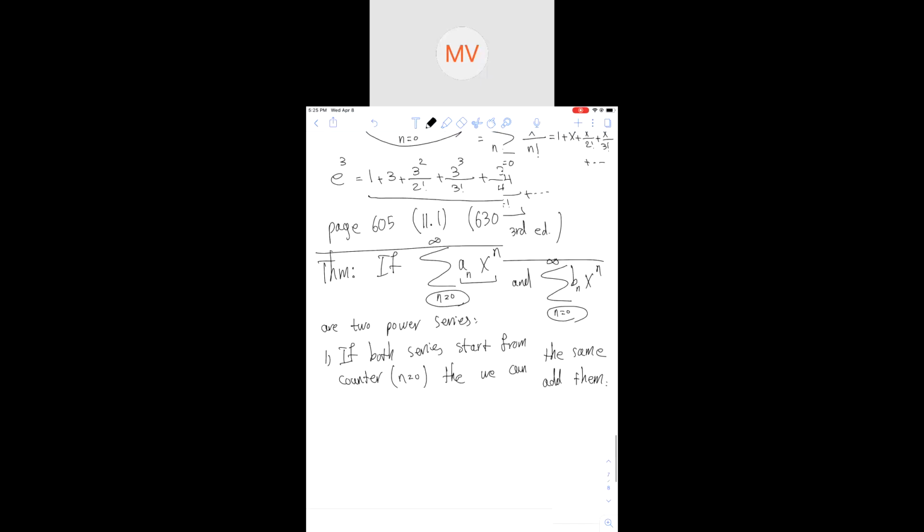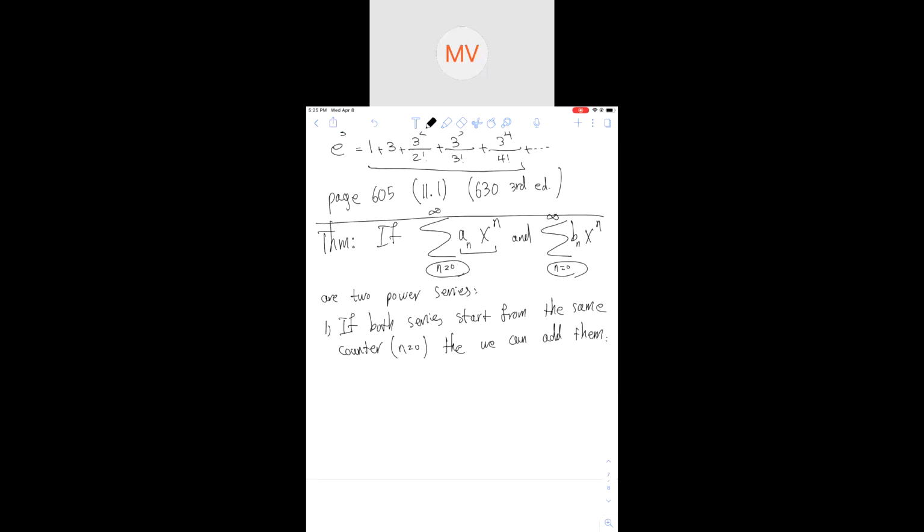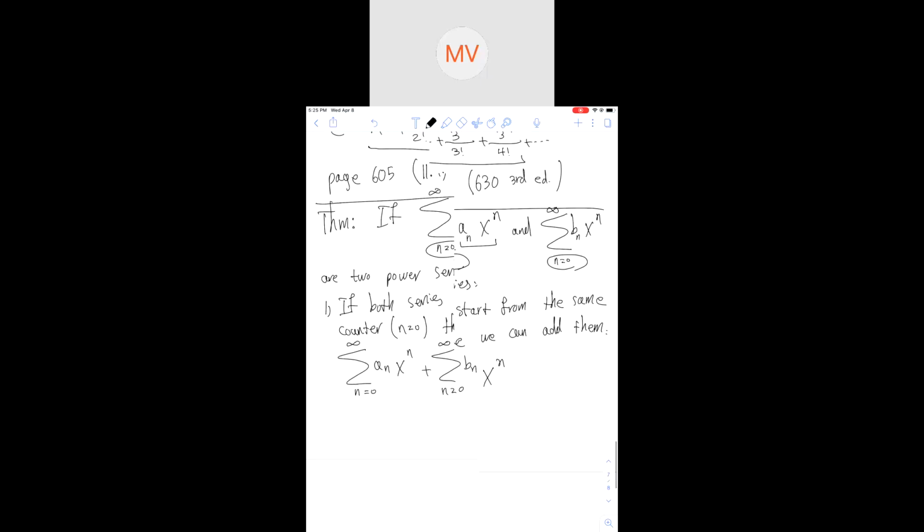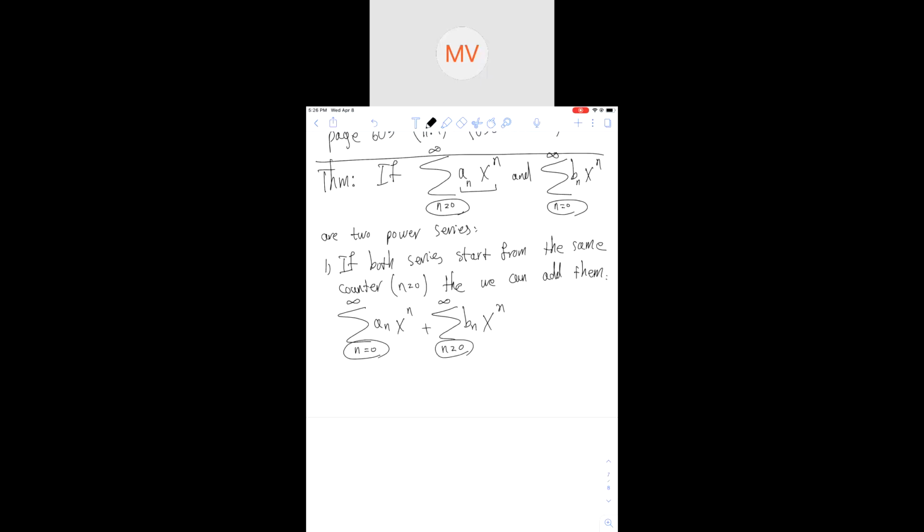I'm trying to use it as simple as possible in our language to write this down. This is how you add them. It's sort of like you factor x to the n. But again, the condition is that they both have to start from n equals 0. In that case, you can write this as a sub n x to the n, b sub n x to the n.